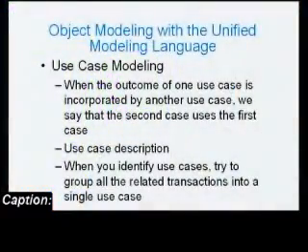Other UML models can also be used to document the use case, including the activity diagram and the sequence diagram. This interrelated modeling is one of the greatest strengths of the unified modeling language. When you identify use cases, try to group all the related transactions into a single use case.